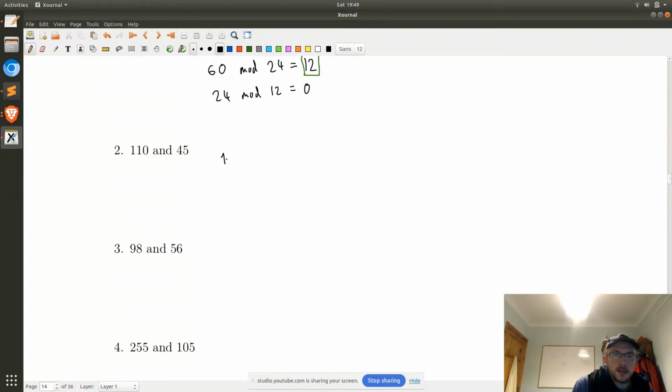And we try here. 110 mod 45 is 20. 45 mod 20 is 5. 20 mod 5 is 0.